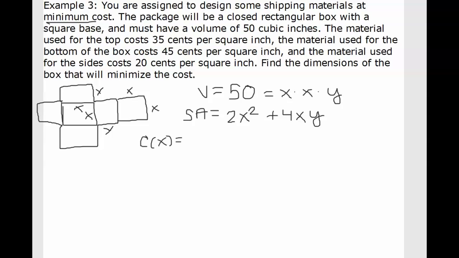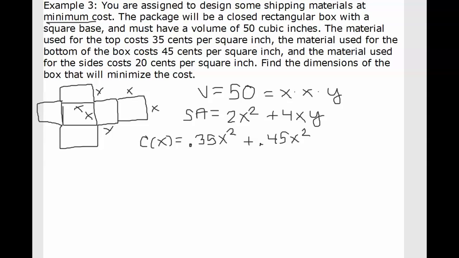So the cost says that we have 35 cents per square inch of material used for the top. And the bottom is 45 cents. So that's 0.35 x squared plus 0.45 x squared again, because that's the cost to produce the top and bottom.